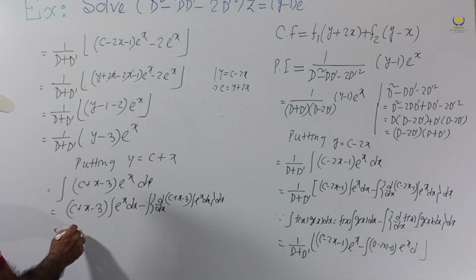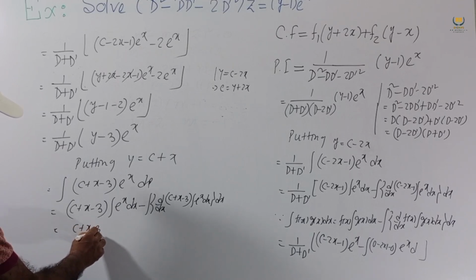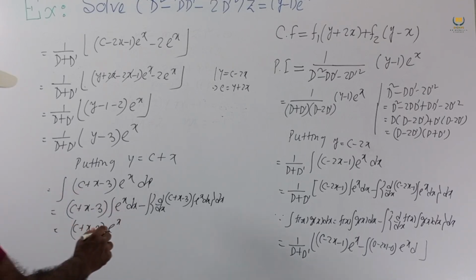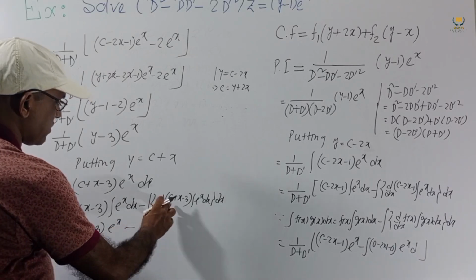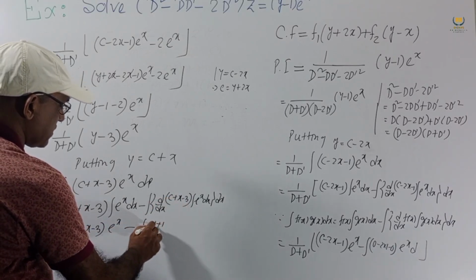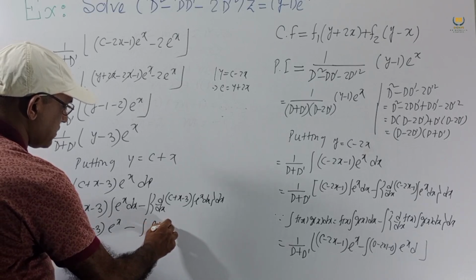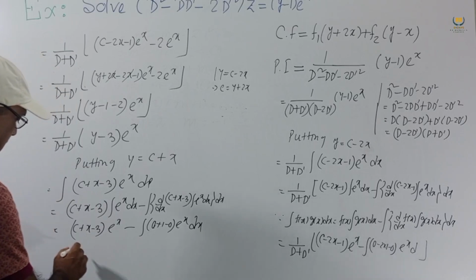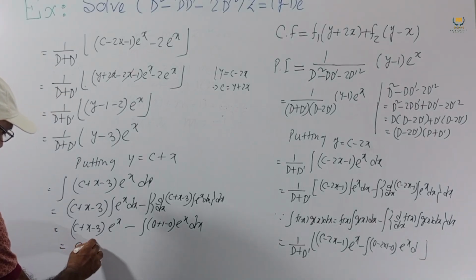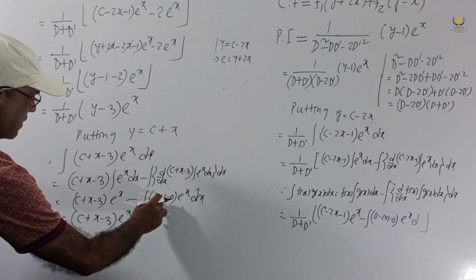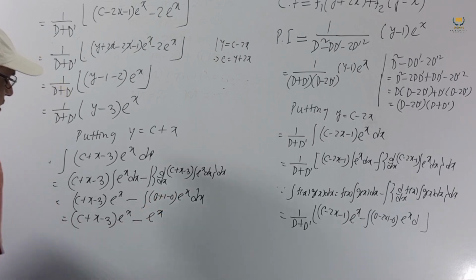So this is c plus x minus 3, integration of e to the power x means e to the power x, and this is integration, this is 0, this is 1, this is 0, then 0 plus 1 minus 0 e to the power x dx, and this is c plus x minus 3 e to the power x, again we get e to the power x.